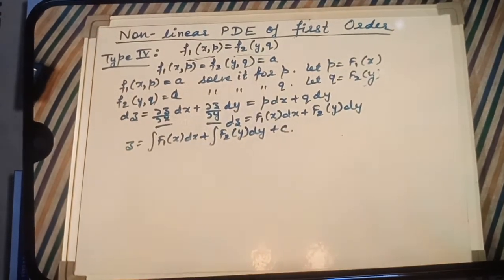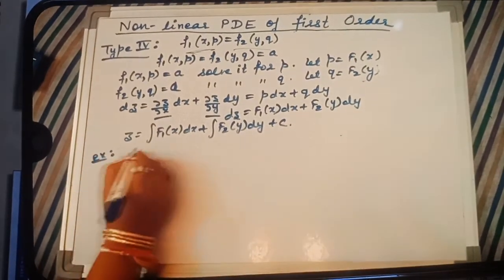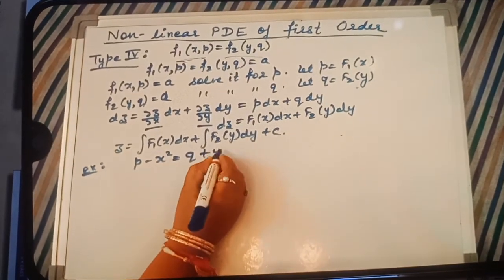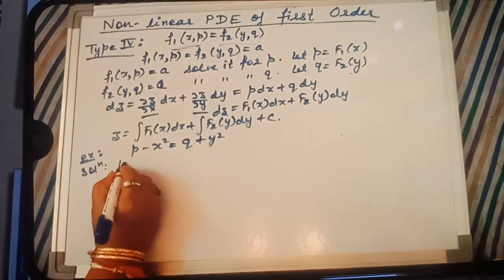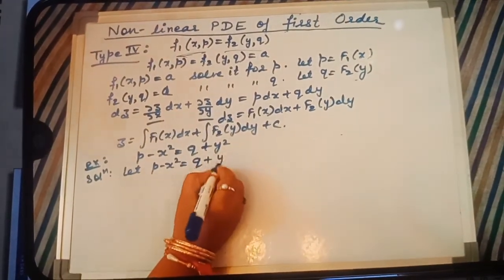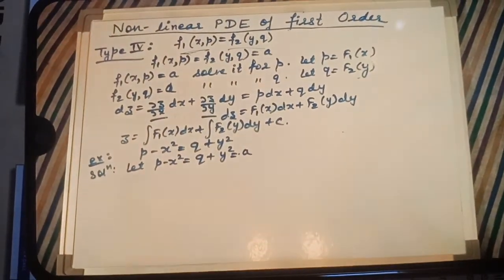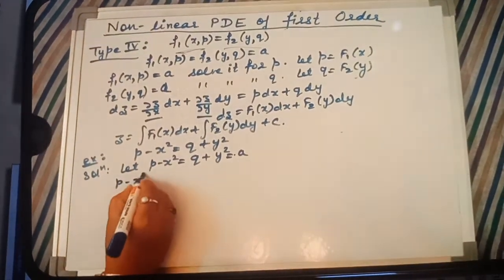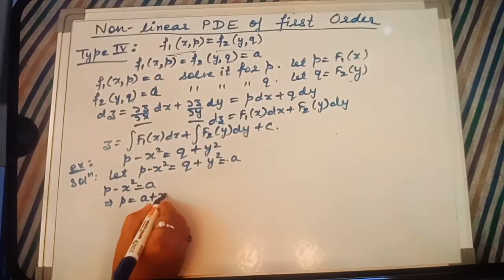Okay. Now let us do the example based on this. Suppose we have to solve p minus x square equal to q plus y square. Okay. Then we have the solution as, let p minus x square equal to q plus y square equal to, हम मान लेते हैं a. ठीक है, तो आपको मिलेगा p minus x square is equal to a. जब आपने लिया आपको you get p is equal to a plus x square.